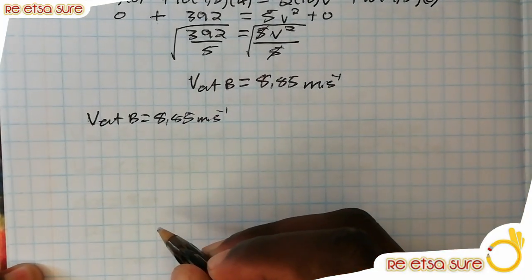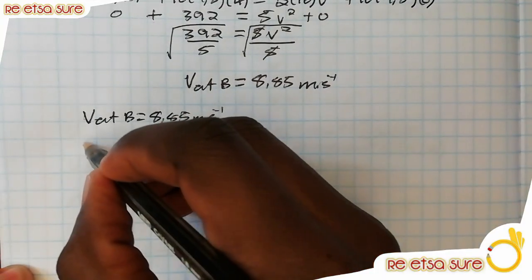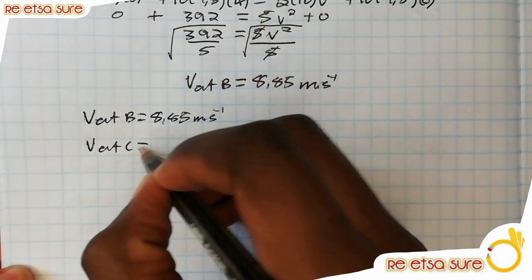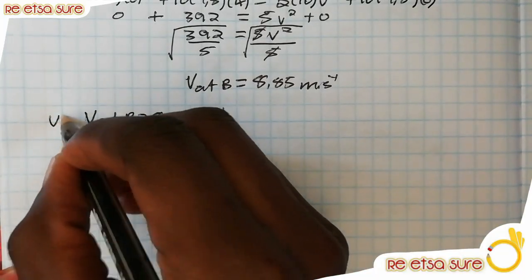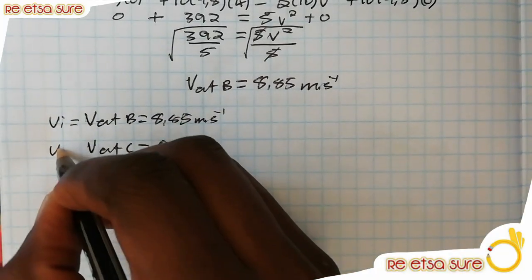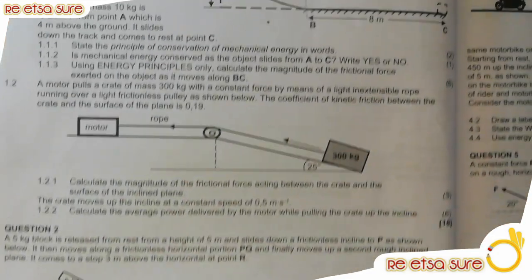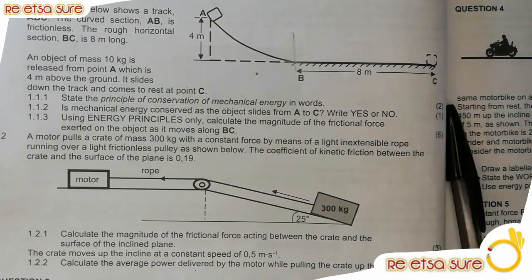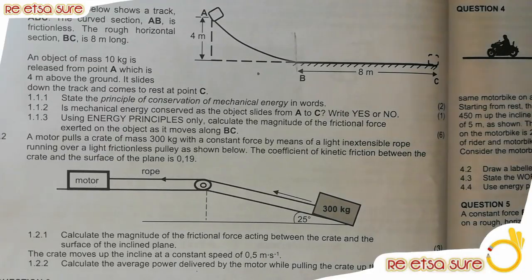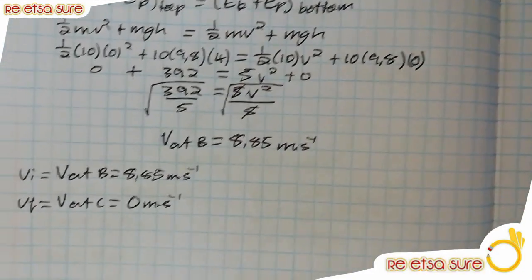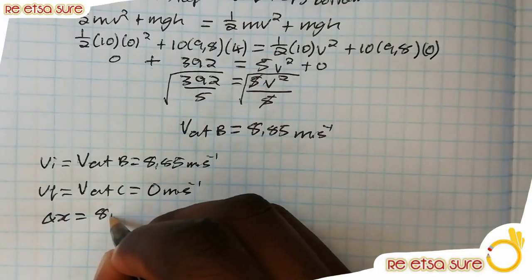And we are told that when our object reaches point C, it stops, meaning the velocity at C is 0 meters per second. So this is our V initial and this is our V final. We are also told that from B to C, our track is 8 meters long, so our delta x is 8 meters.